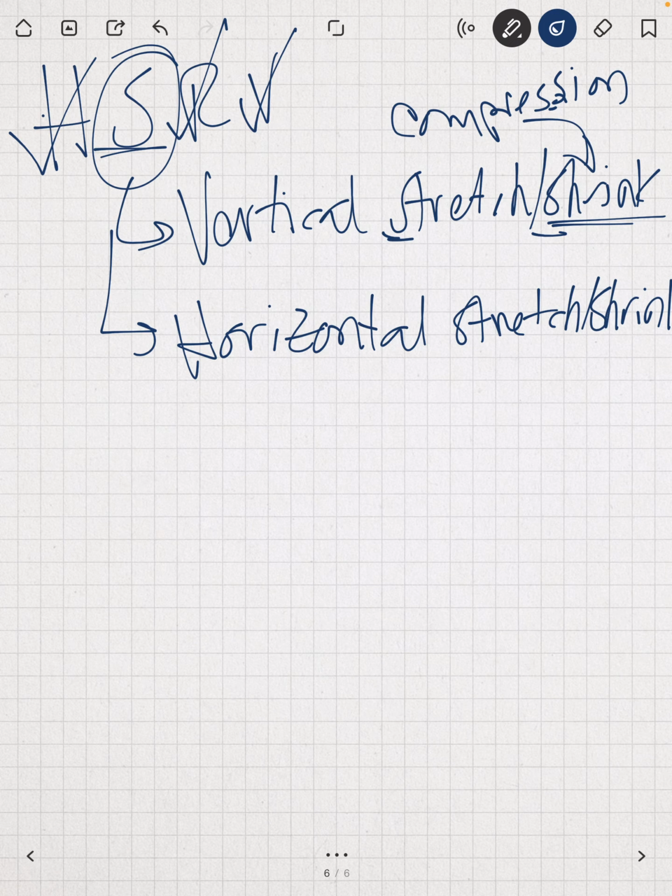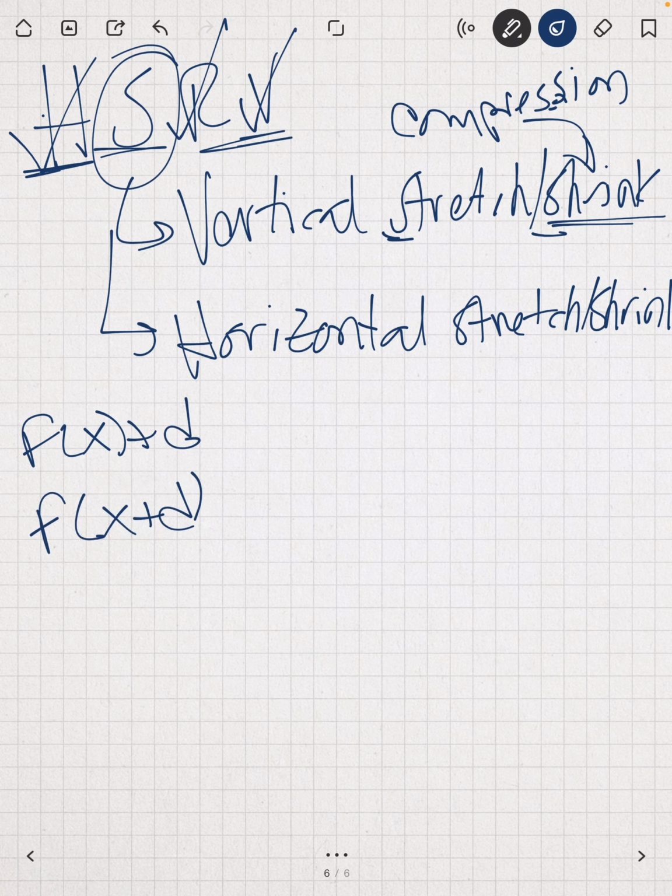And what's important there is, just like with our horizontal and vertical shifts, it depended if we had f of x plus some constant or if we had it inside the function. What was going to matter here is if we have a constant times our function or we have a constant times our variable. And so let me go ahead and go to the next slide.